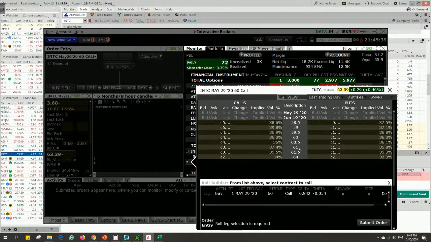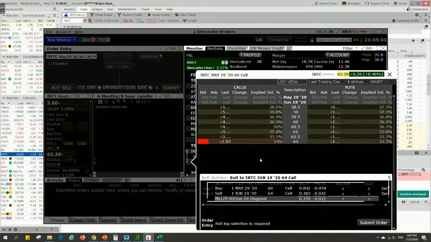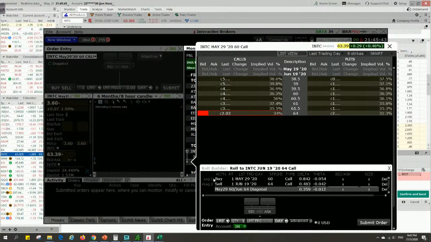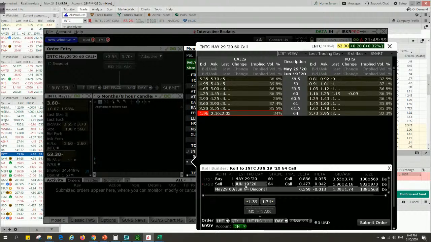All right, so roll to 64, and automatically it will buy to cover the short dated call that I sold previously that expires on May 29, and then it will help to short another short dated call with a strike of $64 expiring 19 June, right? Which is what we have been discussing all the while.